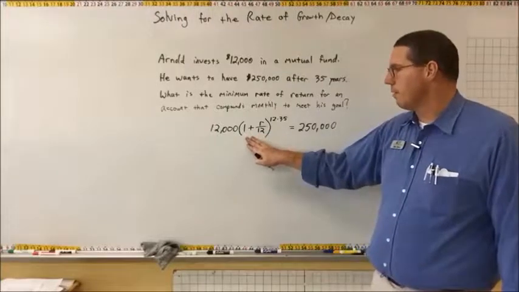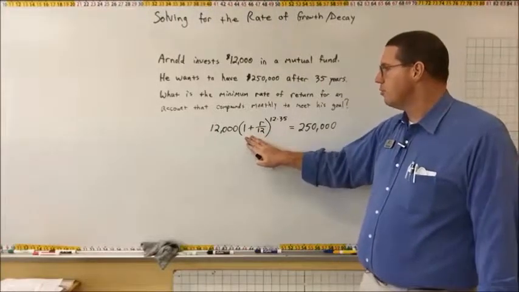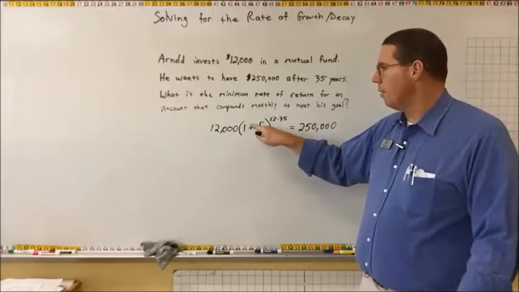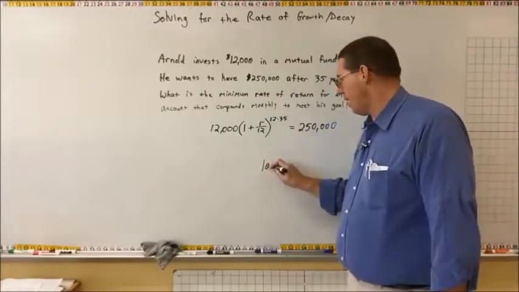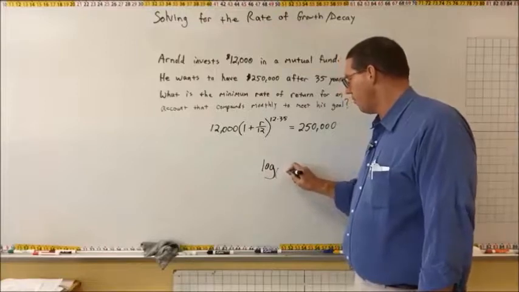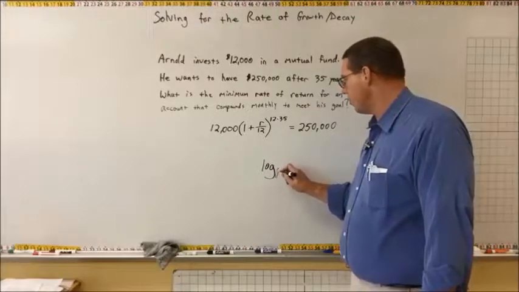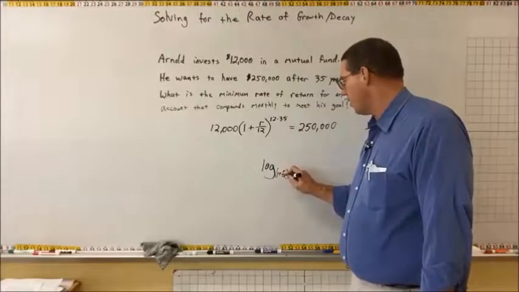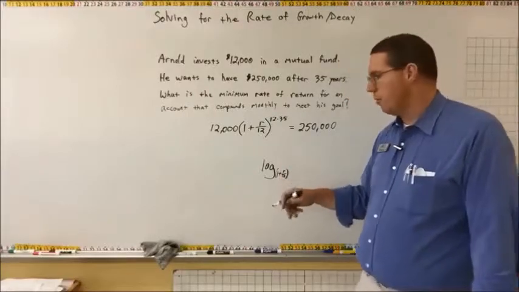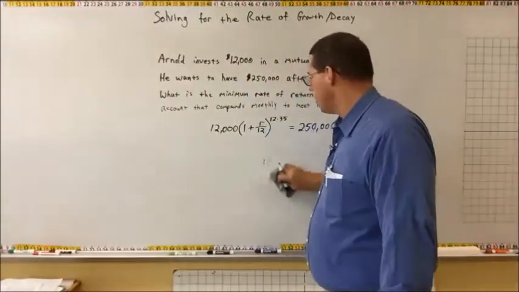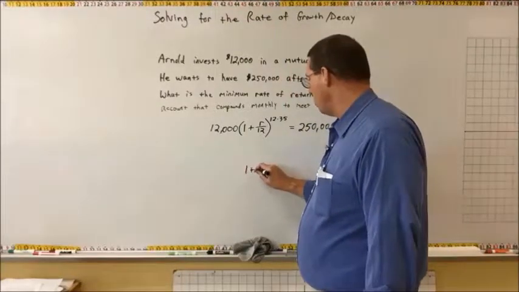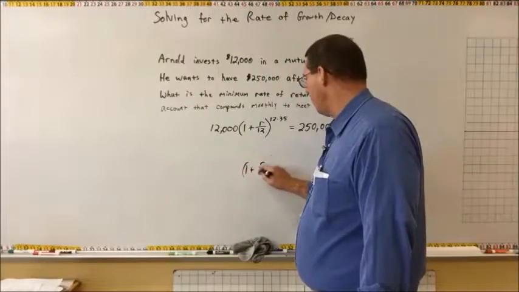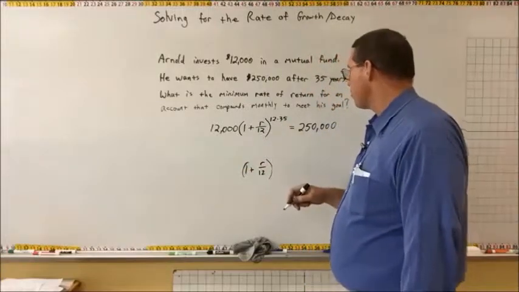when we get here because we can't do log base 1 plus r over 12. We don't want to have a variable in the base of our logarithm. There's actually an easier way to do this than having a variable down here. So what you would really do is use a radical. We would wind up having 1 plus r over 12 to the power of 12 times 35.